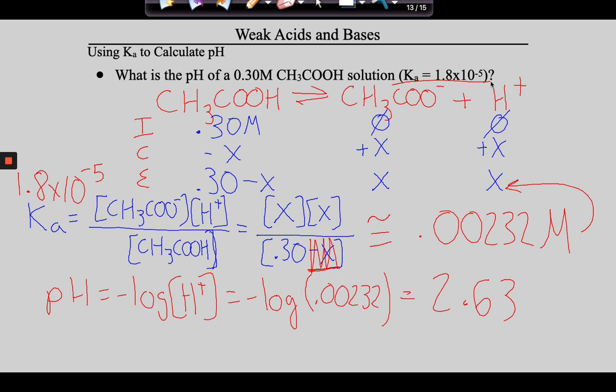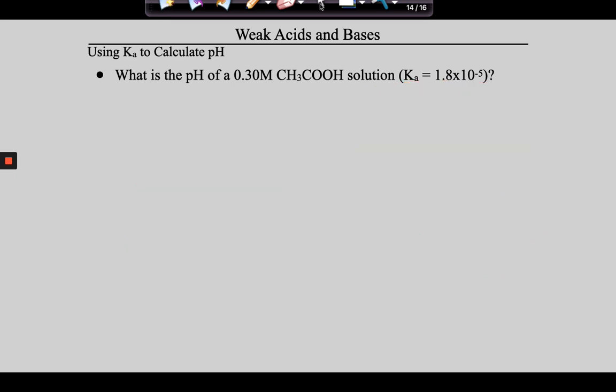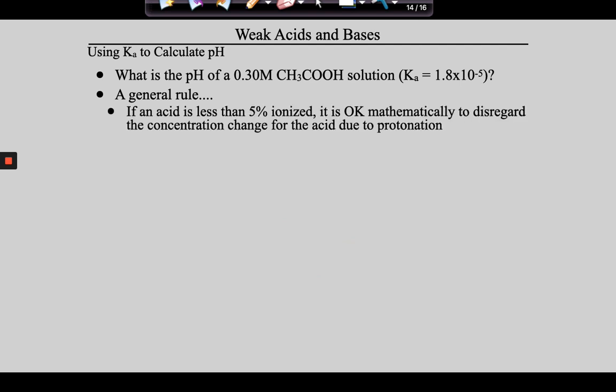So the question, as Matthew said, is when does that not become okay? And guys, the answer is this. If an acid is less than 5% ionized, it's mathematically okay to disregard the concentration due to protonation.